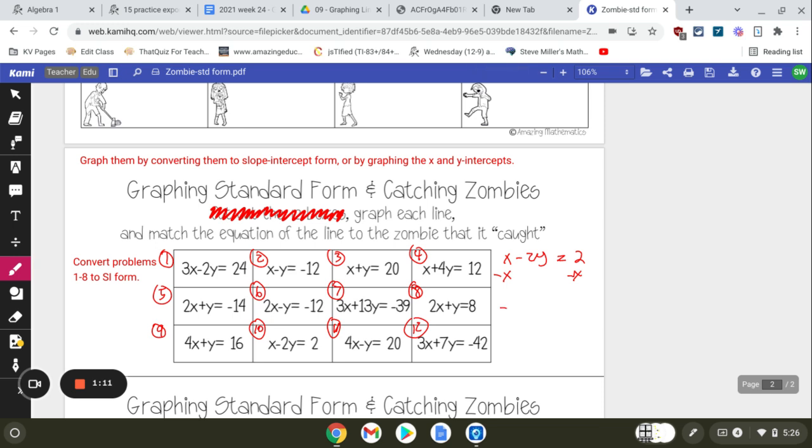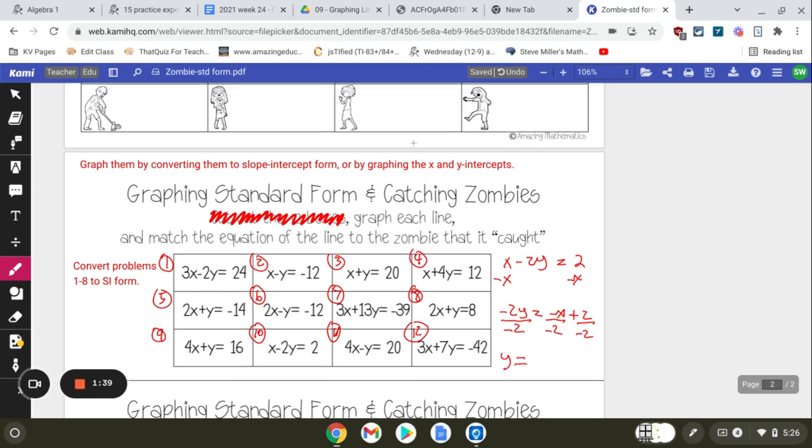That's going to leave you with negative 2y equals negative x plus 2. Then you're going to divide by negative 2 here to cancel out that negative 2, and you got to divide both of these by negative 2 as well. So this is going to leave us with y equals, which is what we want.